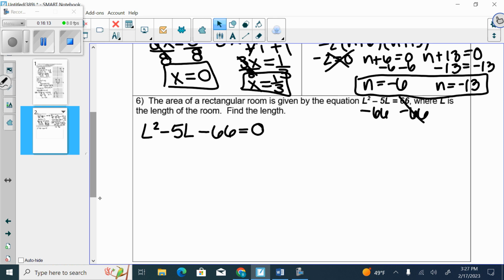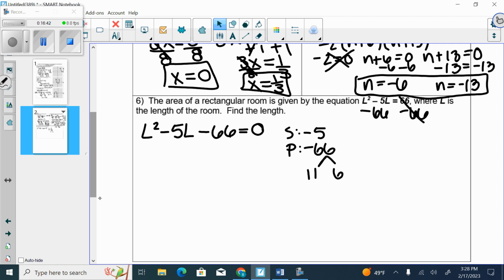All right. So now we factor. We look for a what first? A GCF. Do we have one here? No GCF. Okay. So what's my S? Negative 5. And what's my P? Negative 66. All right, so what multiplies to give us 66? 11 times 6, okay?